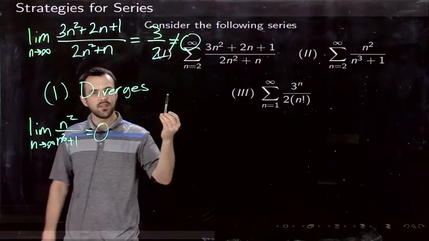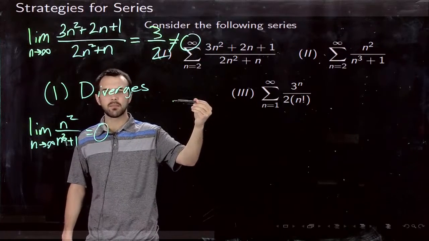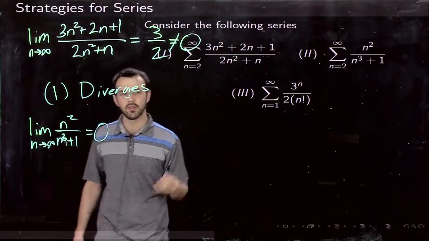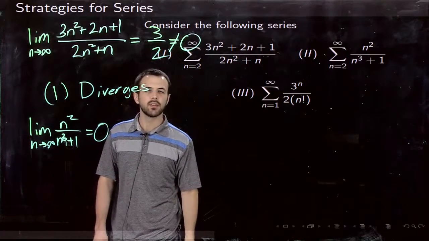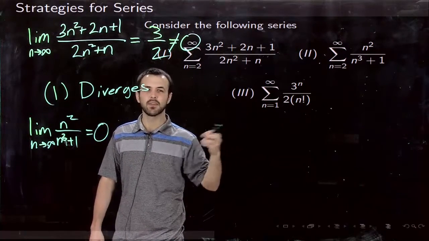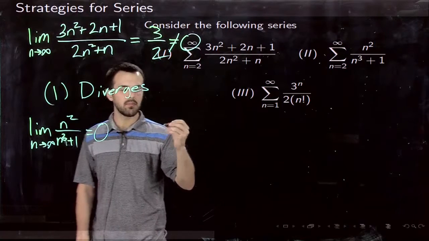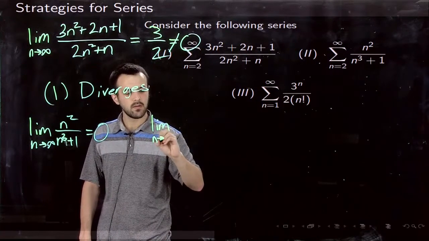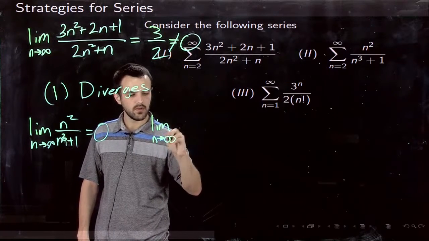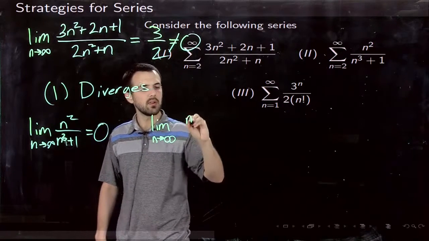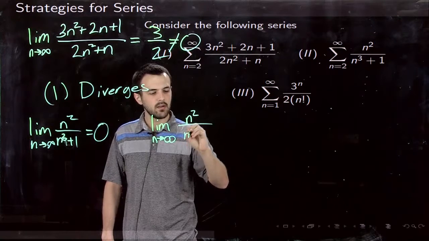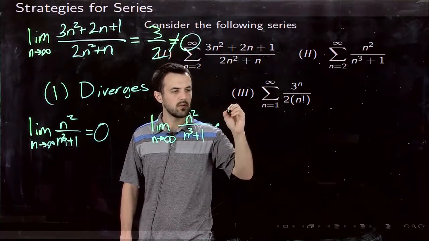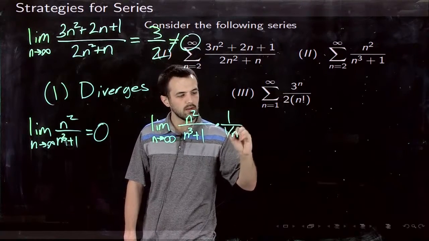The difference in the highest order of the top term and the highest order of the bottom, the denominator, there's a 1 over n difference, right? So let's think about, maybe we compare that, do the limit comparison test with n squared over n cubed plus 1, and 1 over n.